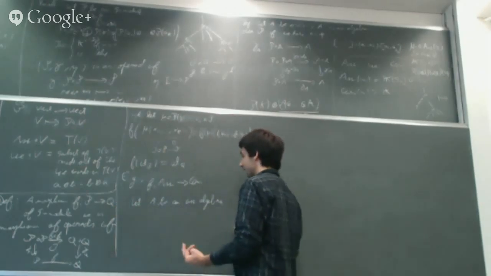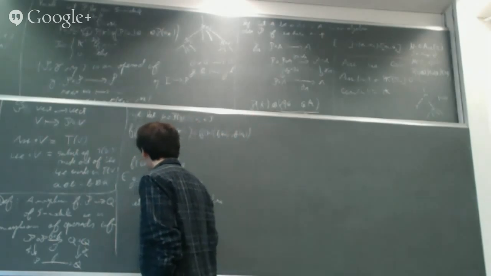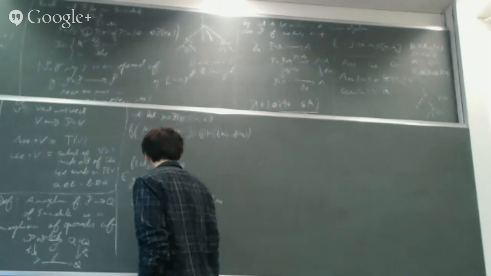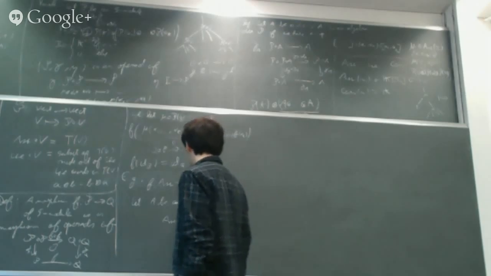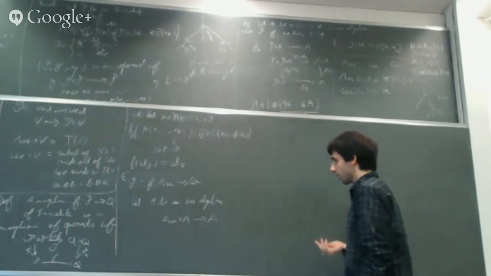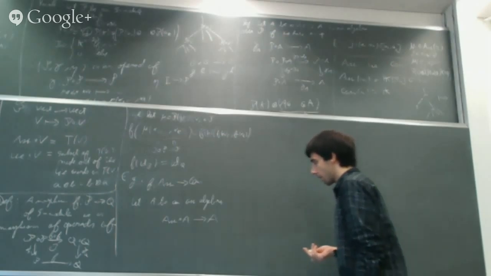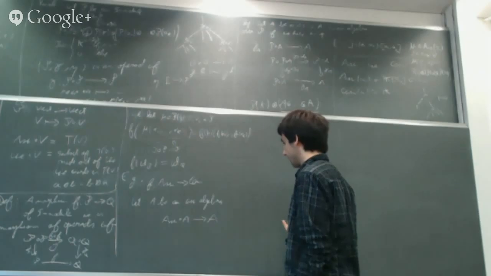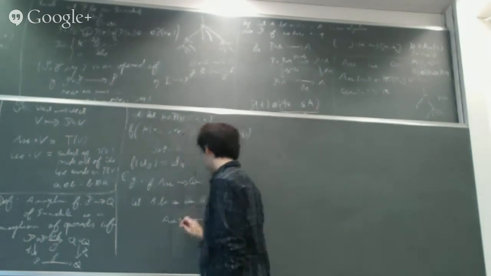So if you take an associative algebra, what does this mean under this interpretation? It means that there is a morphism from S circ A to A. Sorry, commutative. So you have a commutative algebra.